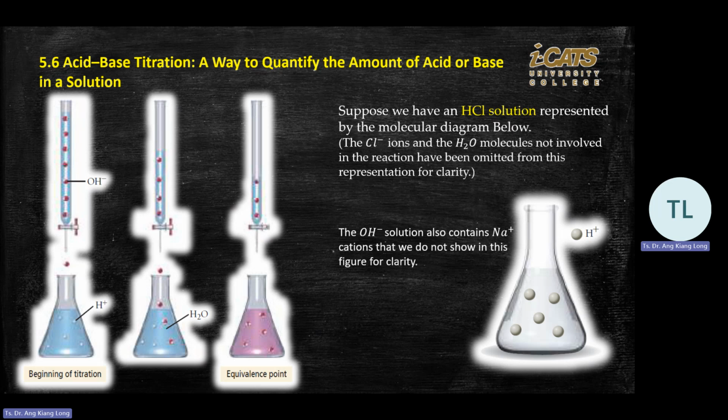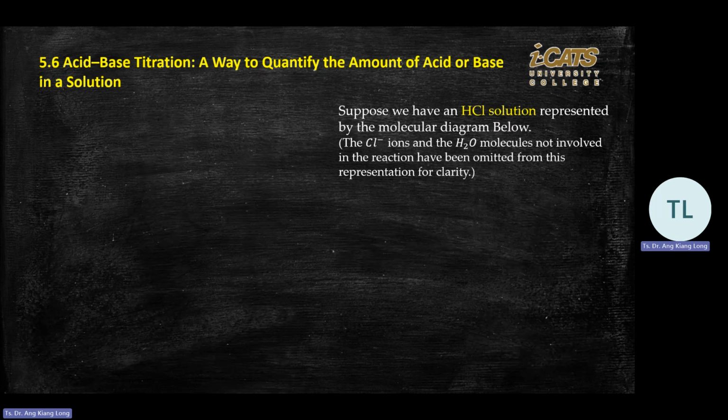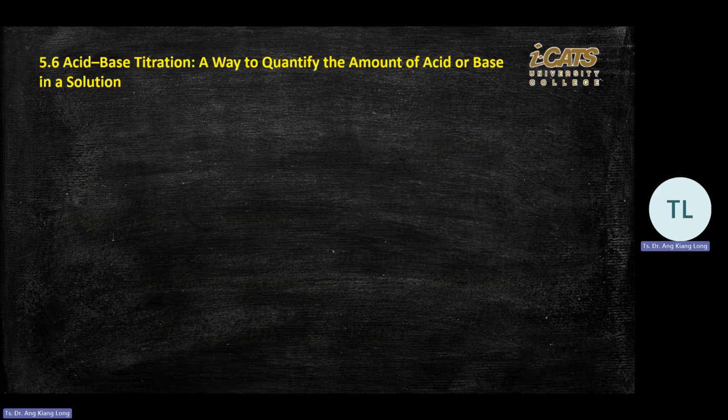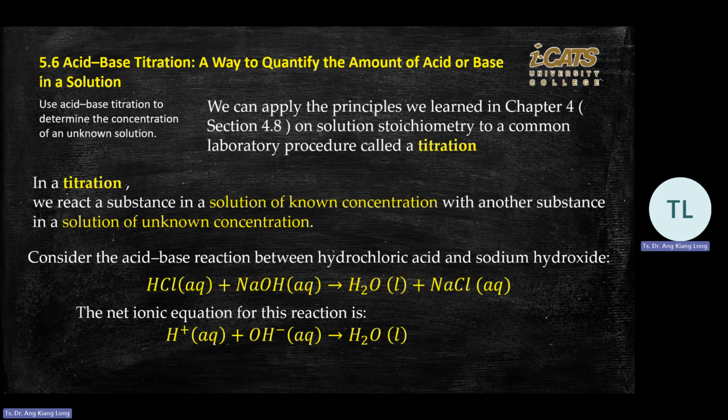Again, by definition, acid means the number of H plus in this case. The number of moles of H plus in the equation will combine with how many moles of OH in the equation. In the net ionic equation, 1 mole of H plus will combine with 1 mole of OH to form 1 mole of water.